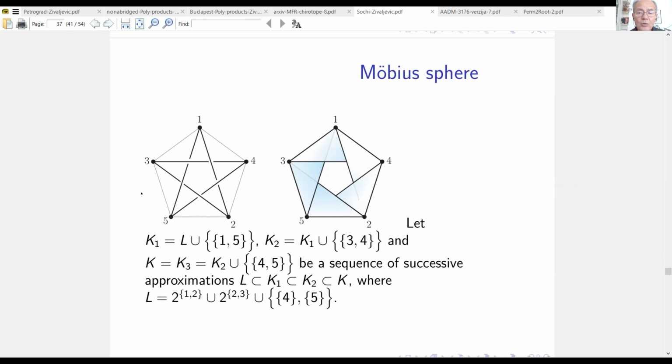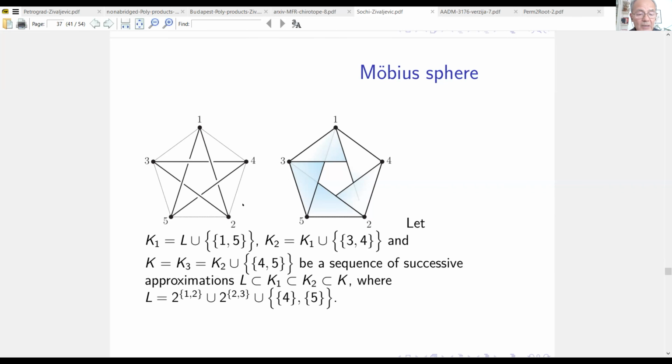And I want to prove that the Bier sphere associated to this Möbius triangulation is polytopal. So what do we do? First of all, we take this cycle 1, 2, 3, 4, 5, 1, and it is, as we know, non-threshold, and therefore it is not polytopal.